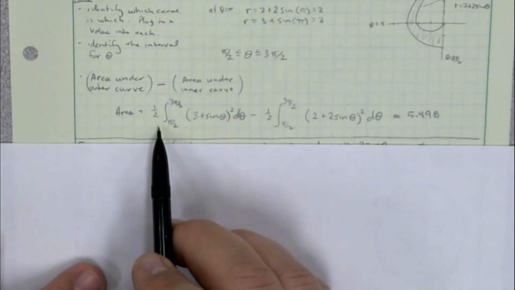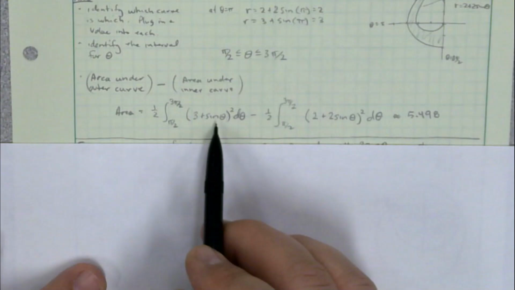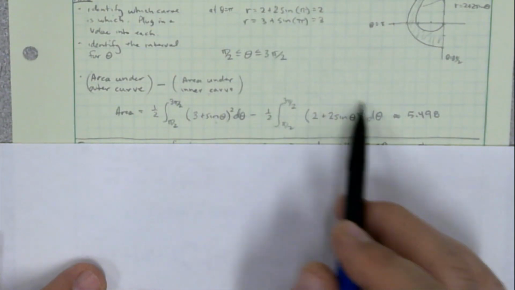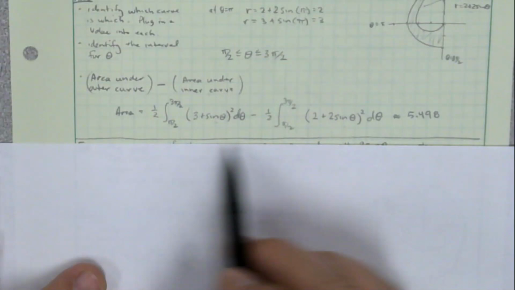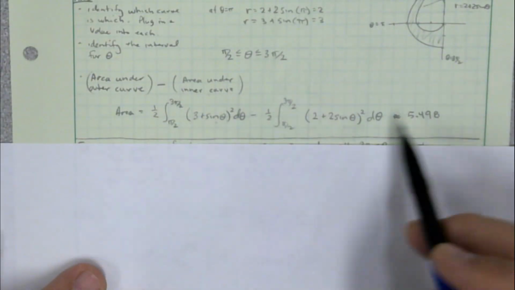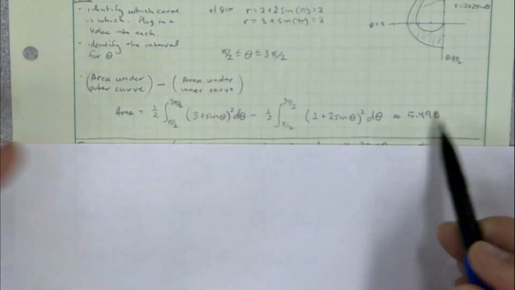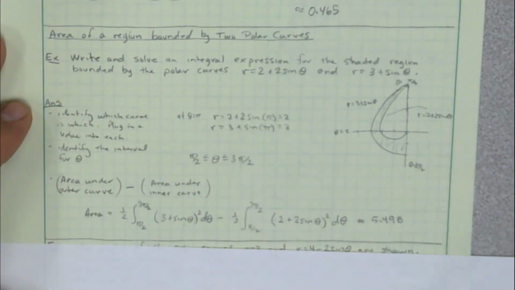Okay, and so then here we go. So the outside curve minus the area of the inside curve. That's the setup. That's the most important part. Then you plug it in the calculator and it gives you this answer over here. So that's the area between two curves problem.